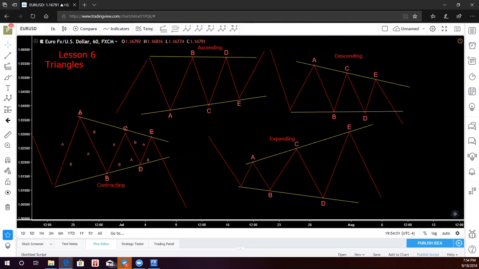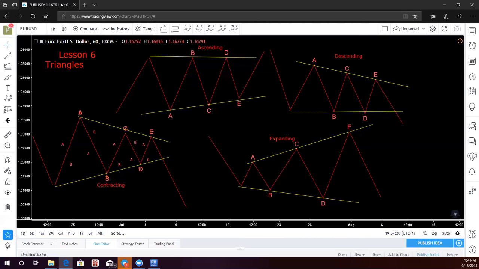Therefore, the structure would be a 3-3-3-3-3 structure. Now, there are 4 types of triangles: ascending, descending, contracting, and expanding. The structure will always be labeled A, B, C, D, E, and triangles will usually happen in either wave 4 of an impulse or wave B of a correction.